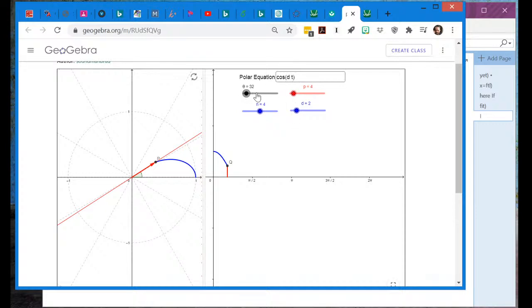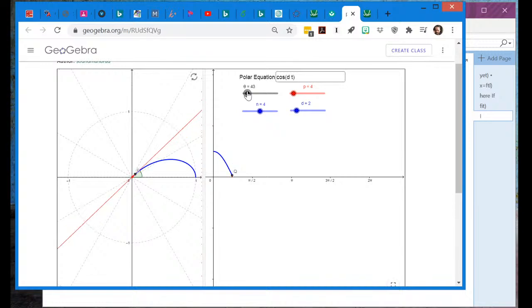Whereas here, when it was 30 degrees, that's cosine of 2 times 30, that's cosine of 60. And that would be a positive radius, but it wouldn't be as big as 1, right? Cosine of 0 degrees is 1. And so it's cosine of 2 times 0, still 1. So that's where I am now. And then my cosine's getting a little smaller as the angle gets bigger.